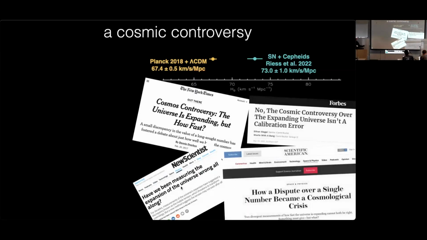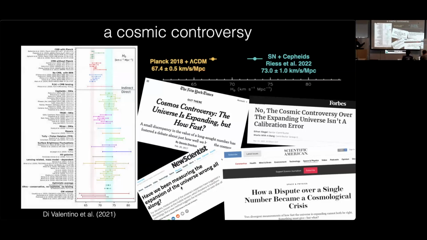And it turns out it's not just one team's analysis, or even just the supernovae. You can do the analysis many different ways, and most indications from the late universe, which try to measure the expansion rate locally and directly, are different from the prediction of the CMB plus lambda CDM. So the exciting prospect is that this lambda CDM assumption is wrong, where we don't know what lambda is, we don't know what dark matter is, we don't know if it's cold, all those letters.